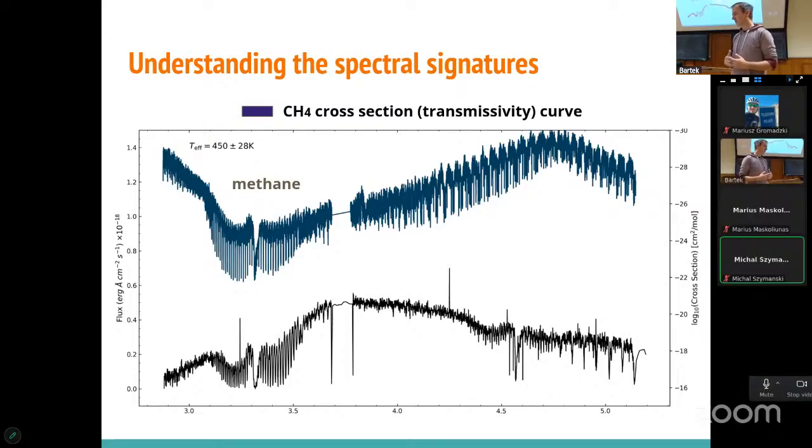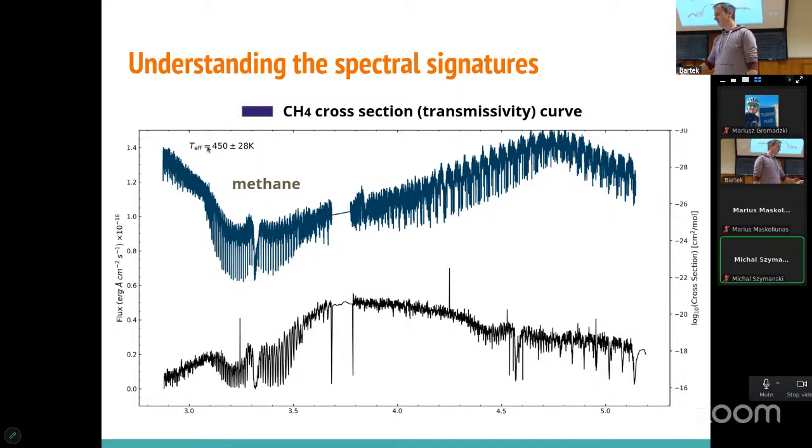We compared to something that is called cross sections of certain molecules or atoms, and tried to see the transmission curve, or how a given molecule blocks the flux.